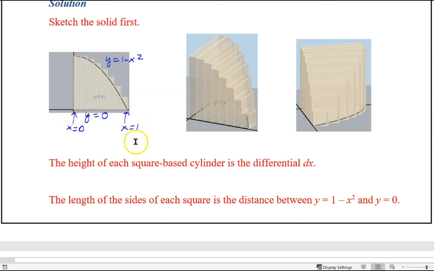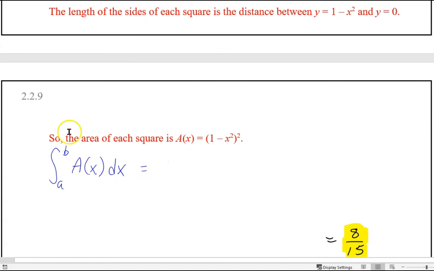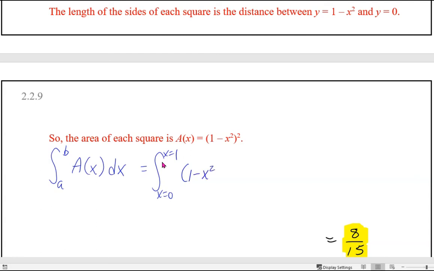That will be our limits of integration. So we're going from x equals 0 to x equal 1, and now we need our area formula for each base of the cylinder, which is (1 minus x squared) squared, since the area of a square is side squared. Now we multiply by the differential dx, which is the height of each cylinder.